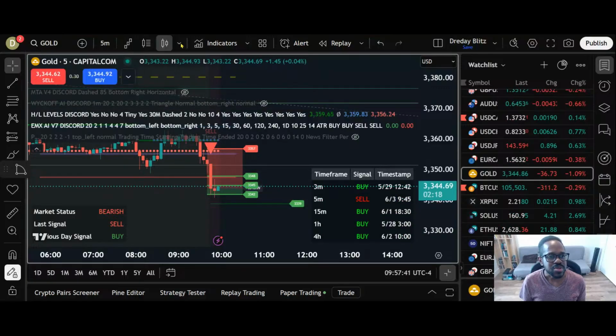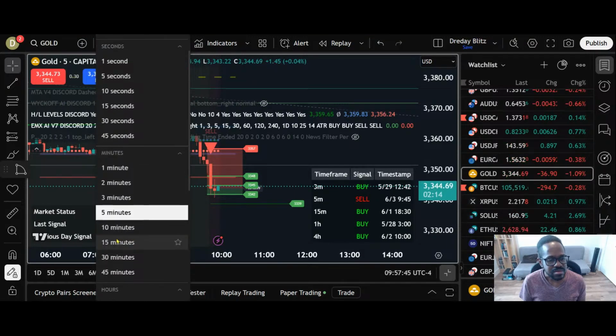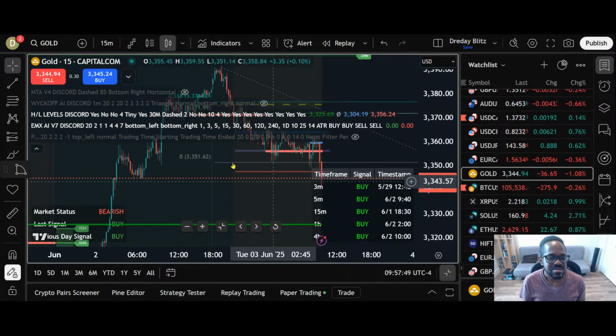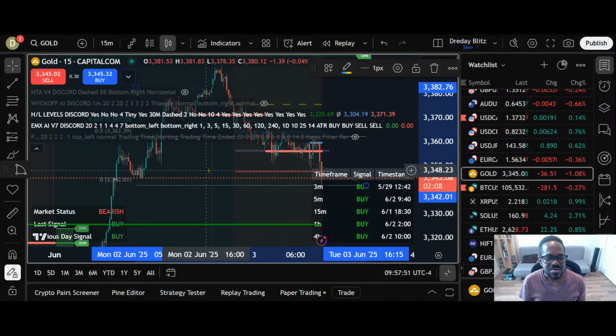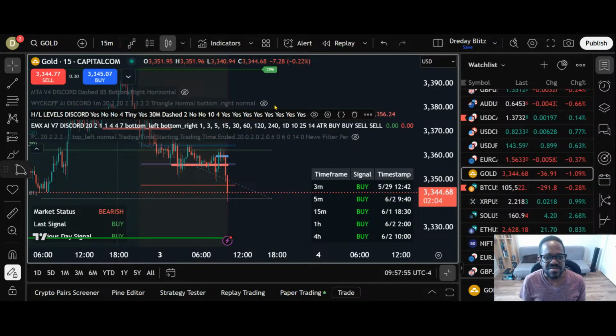So that's per K, but on the higher time frame, you didn't have anything yet. So if we go on the 15, no sells here on the 15. Even Wyckoff does not have a sell.